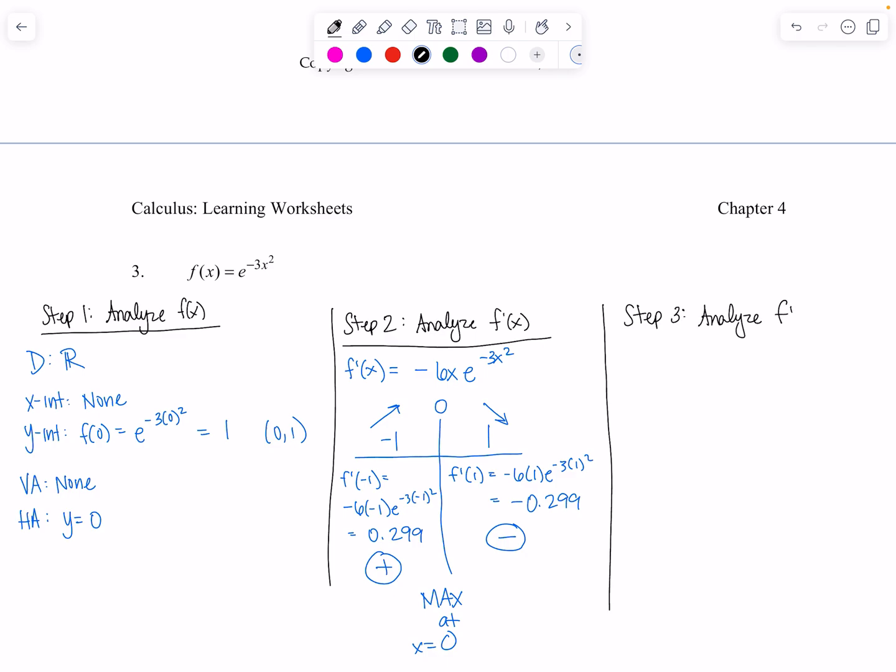Now we'll look at our second derivative. Taking the derivative again, we'll have -6x e to the -3x squared plus e to the -3x squared times -6.